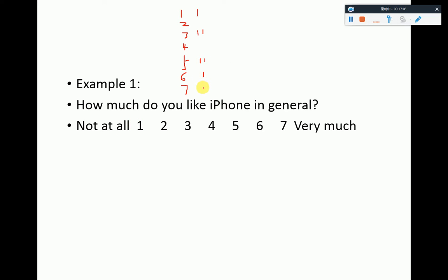There's 1, but relatively fewer people were holding extreme attitudes toward iPhone. So this is a distribution: how these values are distributed across our sample, a sample of 6 people in this case.